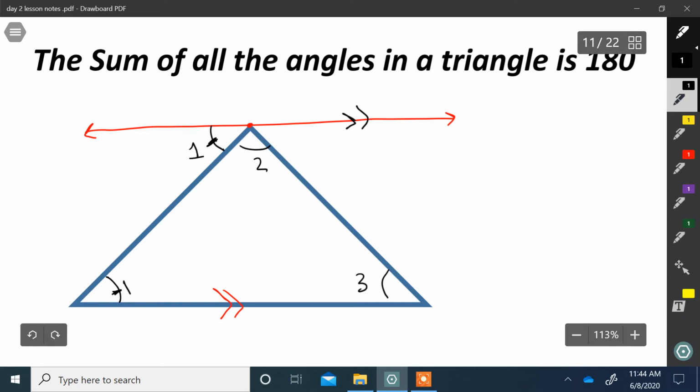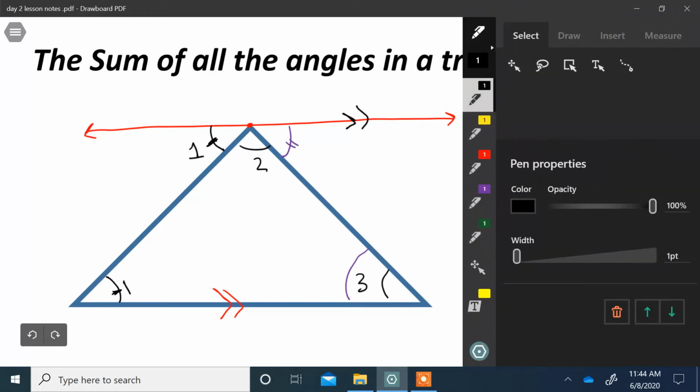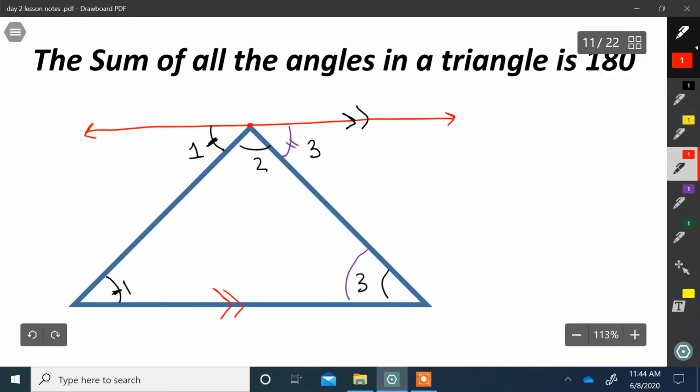So that is 1 as well. Something that you should know as well is that this angle right here is going to be congruent to that angle right there. So this will be angle 3 as well. And guess what? The sum of all those angles right there is 180 degrees.